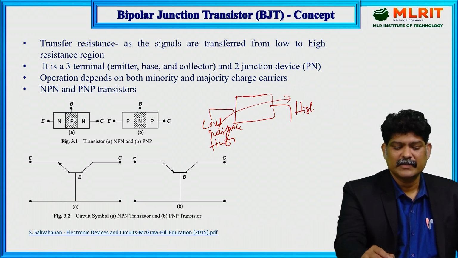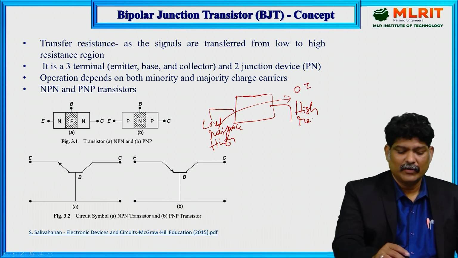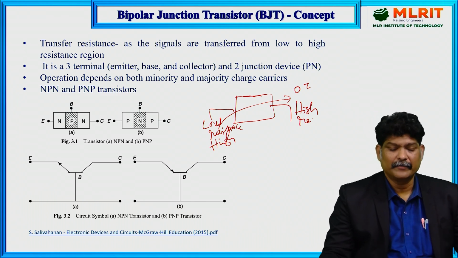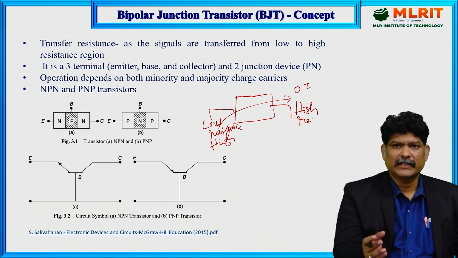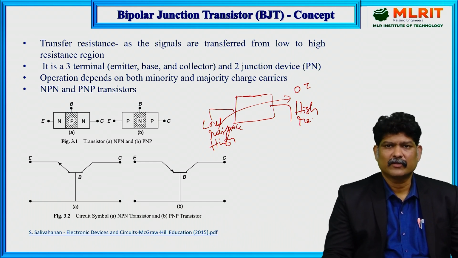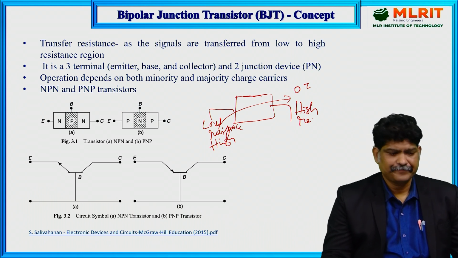High resistance region means almost zero current. Hence, because the signals are transferred from low resistance region to high resistance region, it is called transfer resistance, that is, transistor.